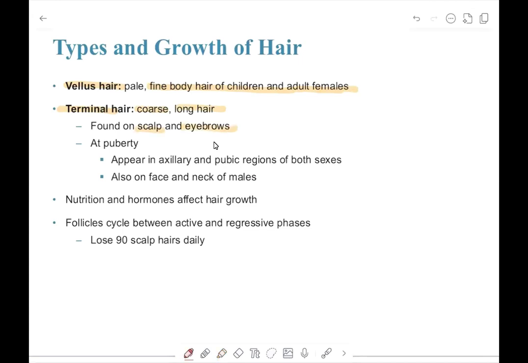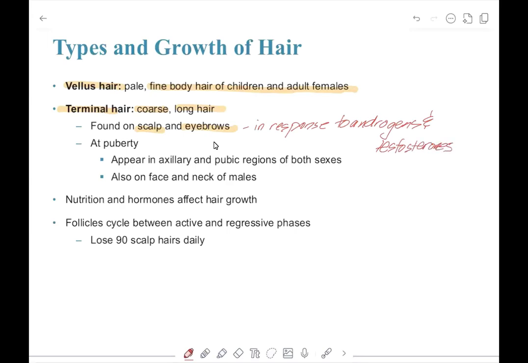So think of those older men that you see that have coarse eyebrows that are kind of sharp. That's an example of terminal hair. And those, interestingly enough, are grown in response to androgens. And in our next video, we're going to see a disorder where this actually happens in females.